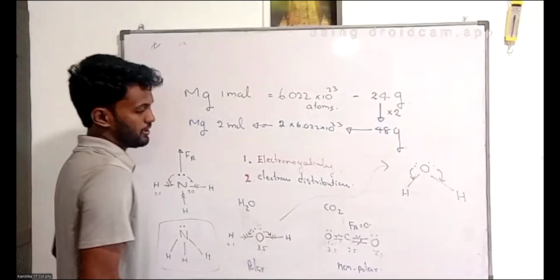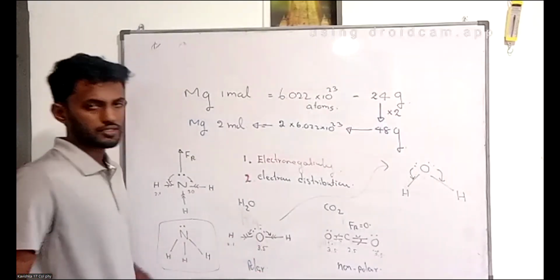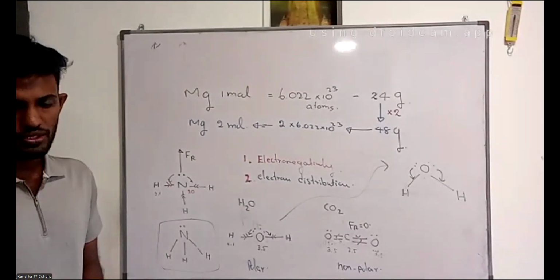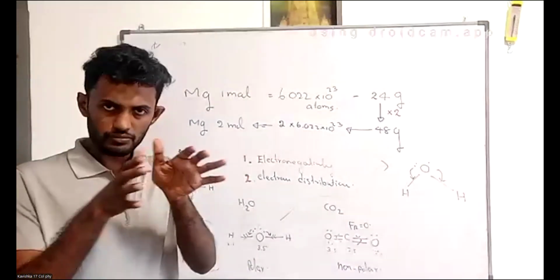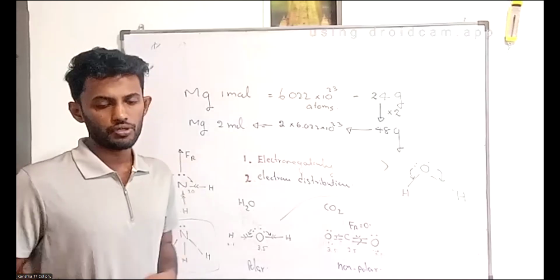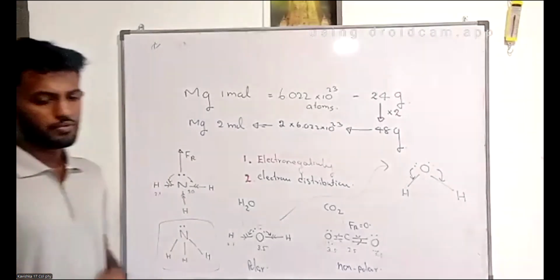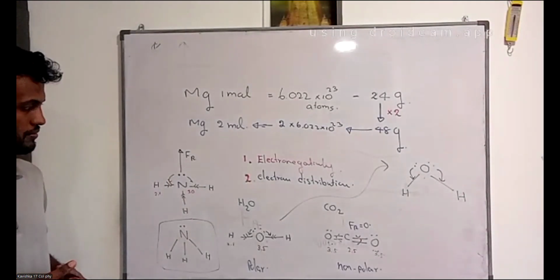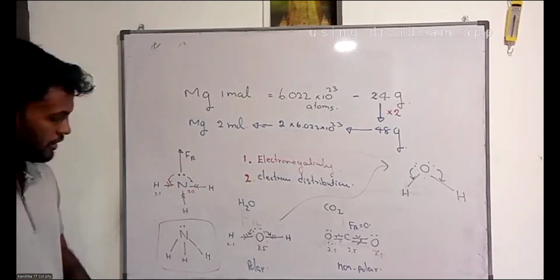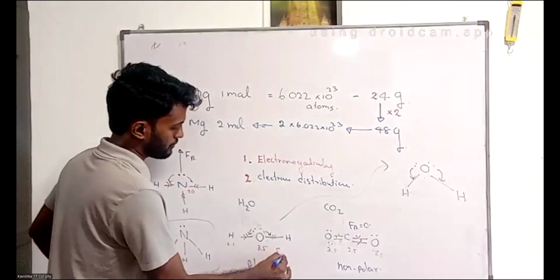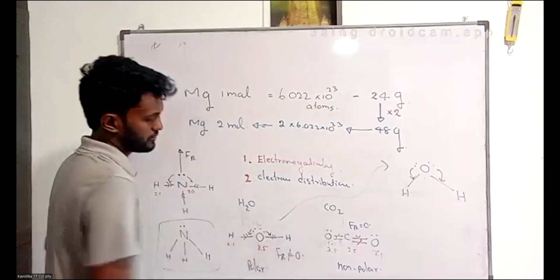Because of these lone pairs. Since it has lone pairs, it has asymmetrical electron distribution. Right? So the resultant here is unequal to CO.